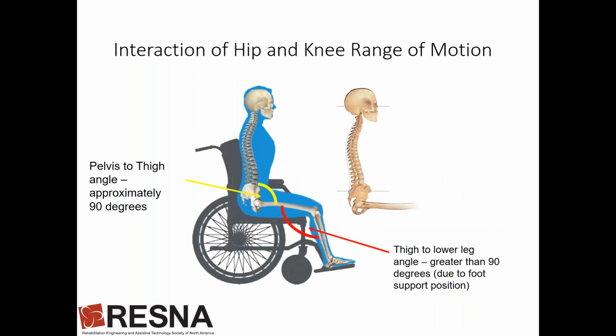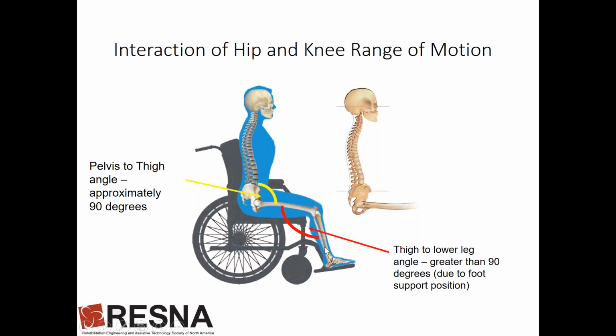The interaction of the hip and knee range of motion. We just talked about the back. Now, if I'm looking at the hip and knee, if somebody is sitting at 90 degrees, if I take their legs and bring them up, they have flexion here, so they don't have hip flexion contractures. I can get them at 90 degrees.